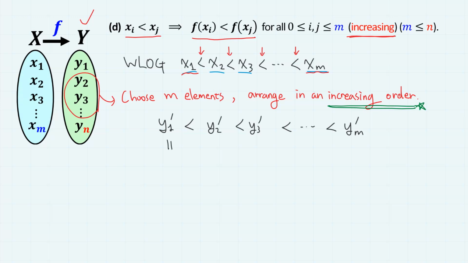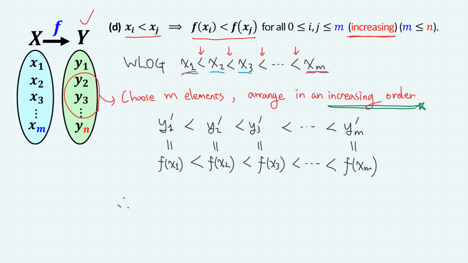Then if we let y1 prime be f(x1), y2 prime be f(x2), y3 prime be f(x3), and so on, and ym prime be f(xm), then we automatically have this inequality relation. Therefore, the number of functions is n choose m.